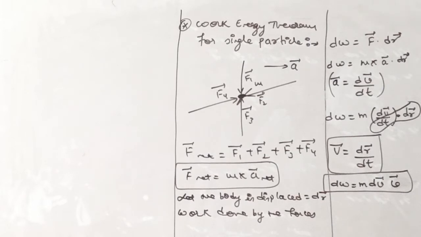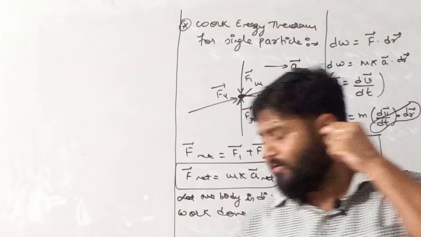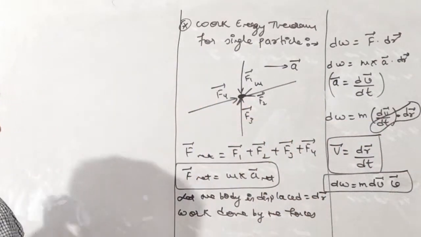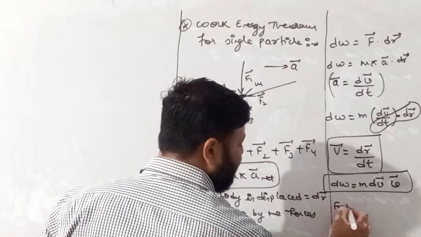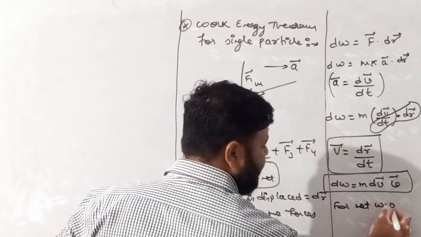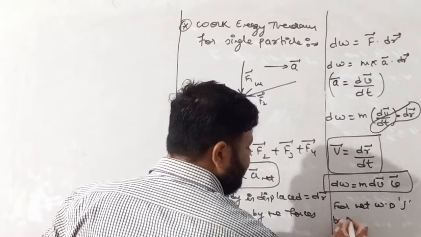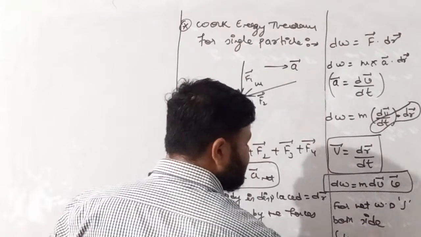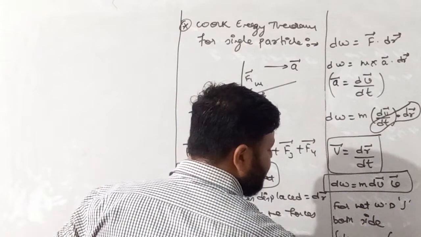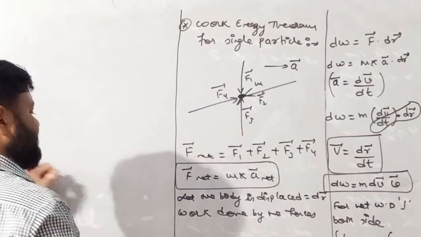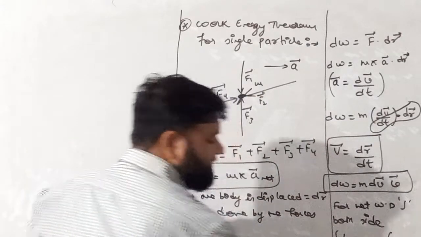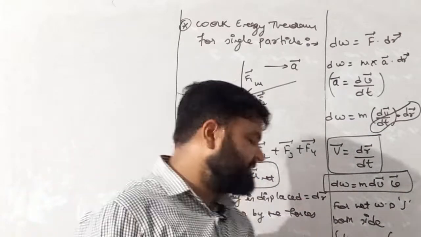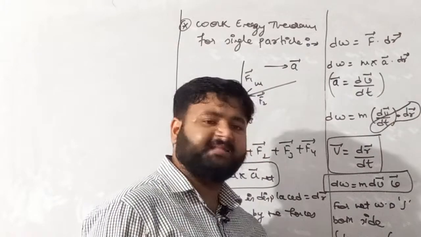Now for net work done we have to integrate it. So for net work done I am integrating this dW, integrating both sides. So integration of dW is equal to mass, which is constant, comes outside, v dv. Now see my dear student, the limit of any integration will be justified by seeing the last term.